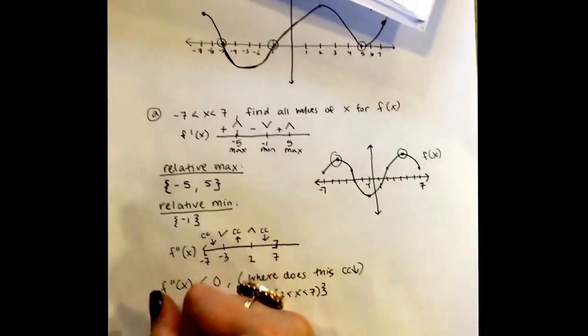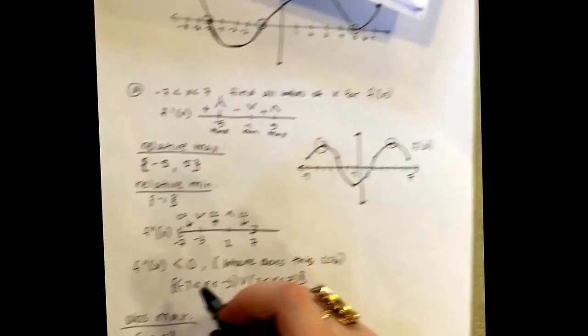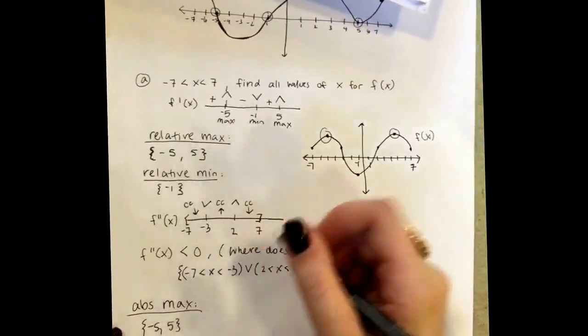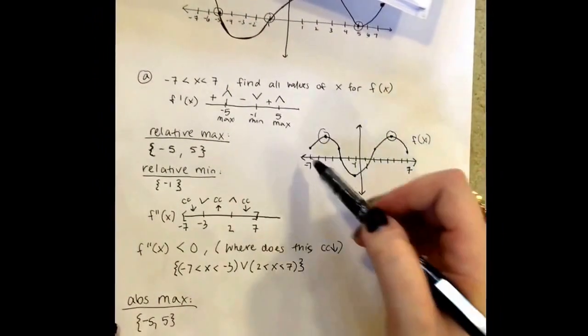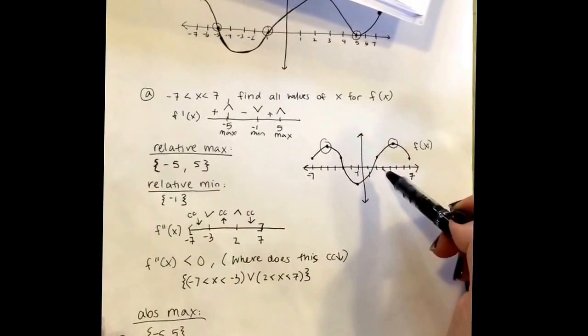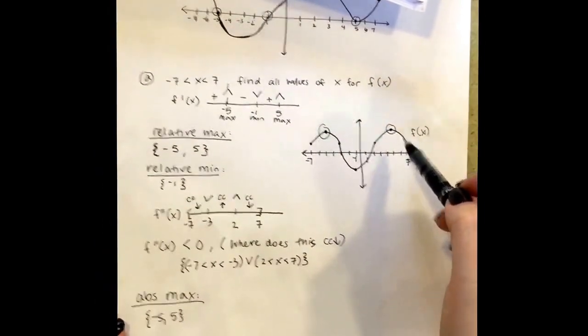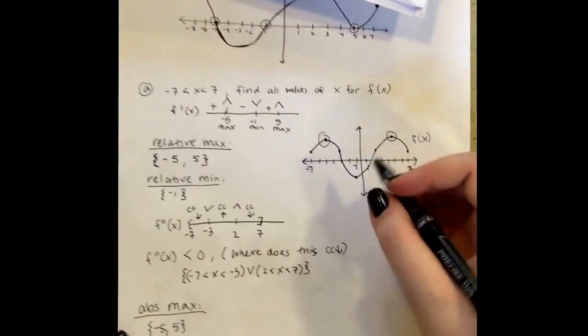I understand now. It's also -5 and 5. And this is true because this is the absolute values at the closed interval. If this wasn't closed at 7 and -7, there could have been more absolute maximums. But for what we drew, it would be -5 and 5.